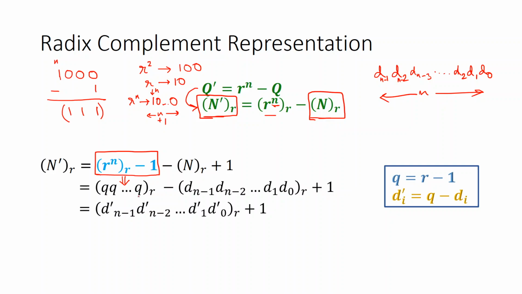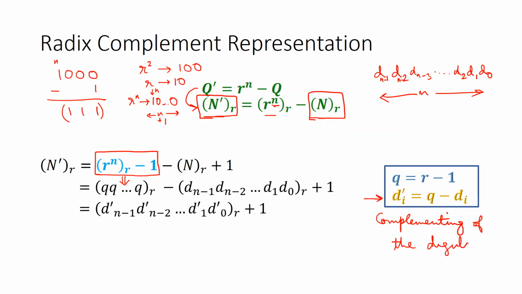Now what is happening here is that at every position you are required to subtract the digit from the maximum digit which is possible in that number system. This operation, q minus d_i, where q is the maximum digit possible and d_i is any digit, is called complementing of the digits.